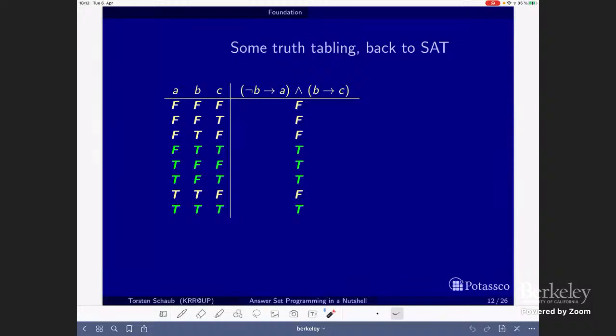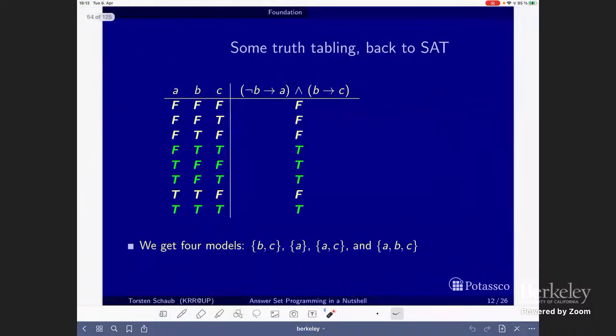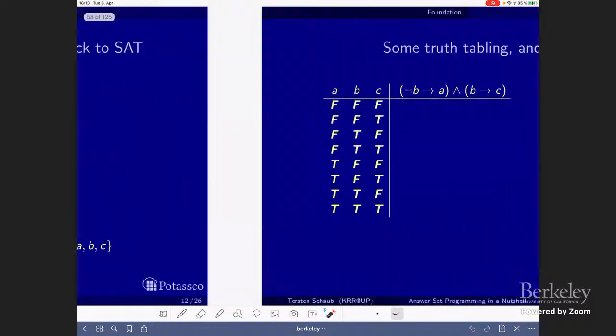You start with assumptions, and then you look at how things work out. I'm saying this because in ASP the idea is to do this a bit differently. Of course I'm using a lot of set notation here for models, so these four I will just denote by the set of the entailed atoms.